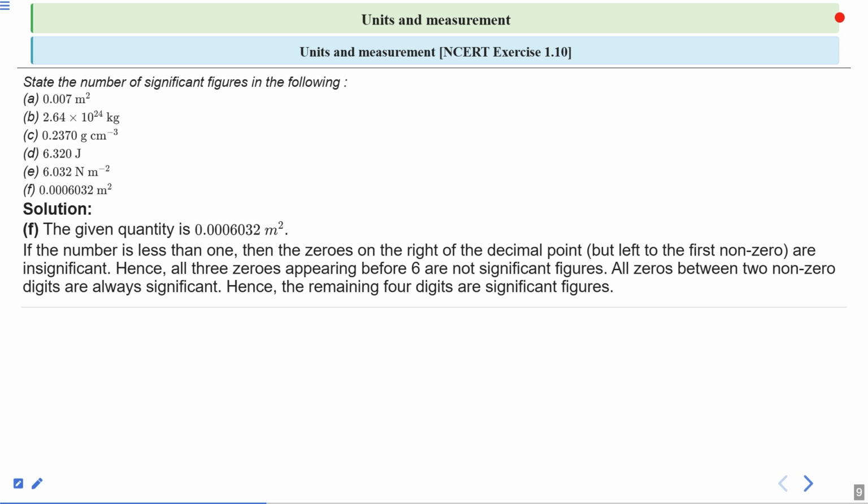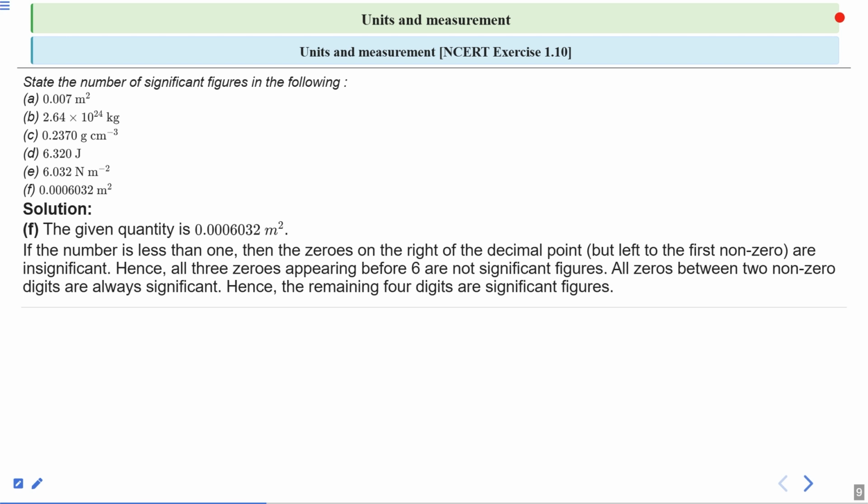If the number is less than 1, then the zeros on the right of the decimal point but left to the first non-zero are insignificant, like we said in part A of this same question. Hence all 3 zeros appearing before 6 are not significant figures. All zeros between two non-zero digits are always significant. Hence the remaining 4 digits are significant figures.